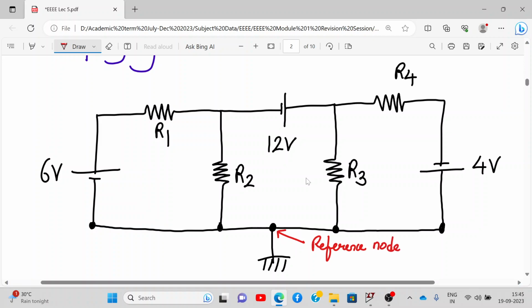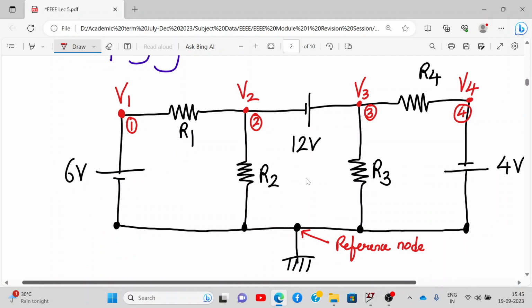Now I will define the various nodes over here. So this is node number 1, node number 2, node 3 and node number 4. Now we need to define the variables associated with it. Let's say this is V1, V2, V3, V4.